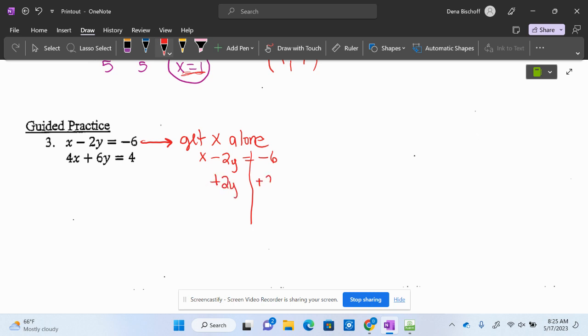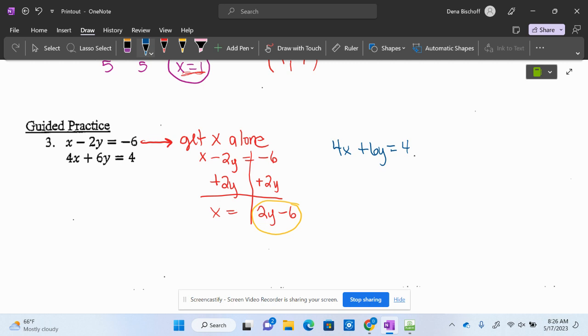I want it to say x equals. And so I get the equation x equals 2y minus 6. So this expression right here, 2y minus 6, is what I'm going to plug in to the next equation.